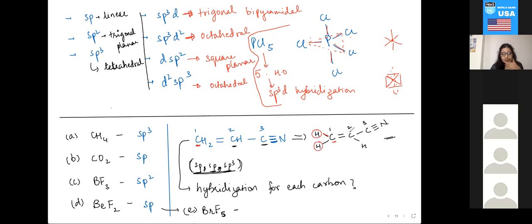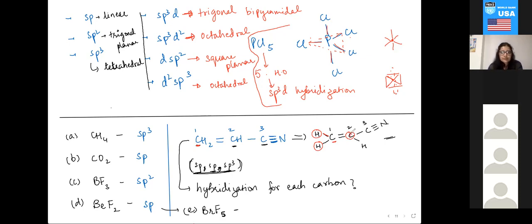That's a total of how many atoms is it bonded to? 3. So if it's bonded to 3 things, what hybridization would it require? sp3? sp3 gives you 4 hybrid orbitals. No, it just requires sp2.